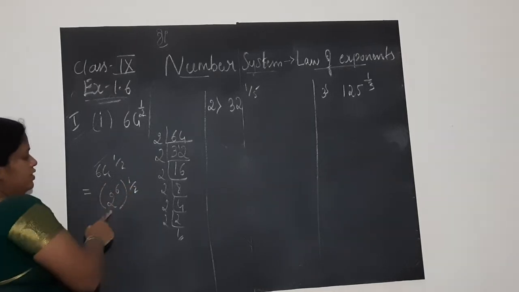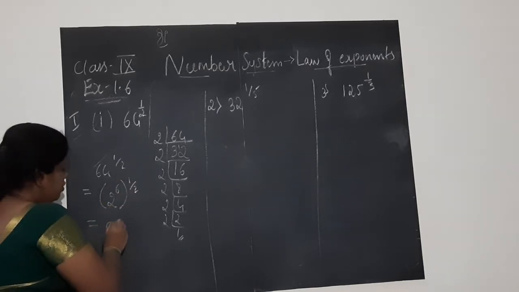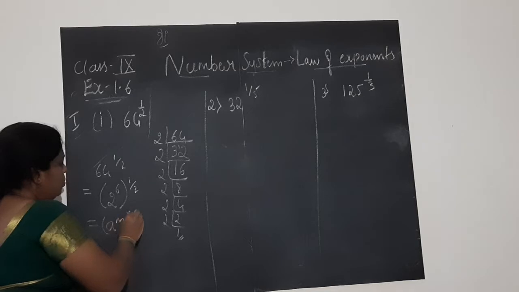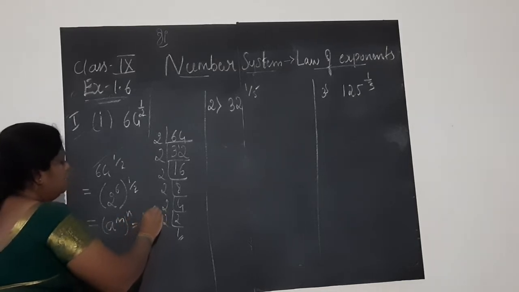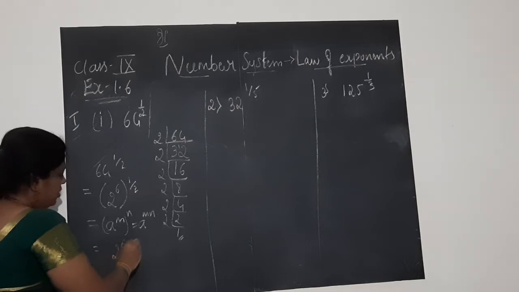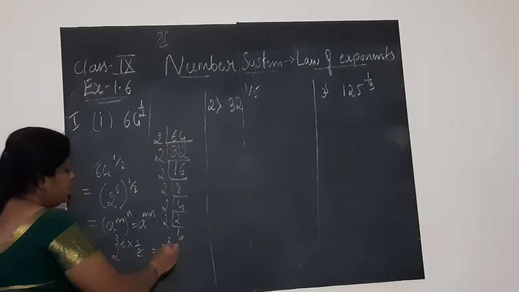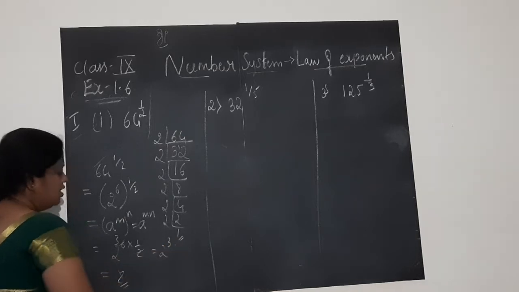Look, children, when we replace 64 by 2 power 6 to the power half, it is of the form (a power m) whole power n, which is equal to a to the power mn. Please don't go to add. So it can be written as 2 to the power 6 into half. 2 1s are 2, 3s are 3, means clearly 2 cube, which is equal to 8.